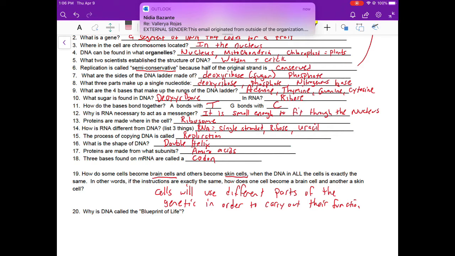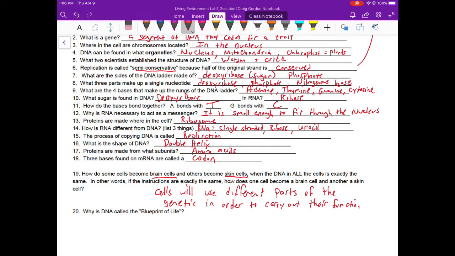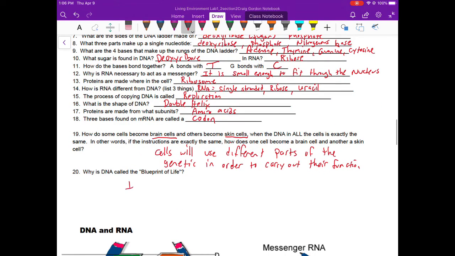All right, and why is DNA called the blueprint of life? Because it contains the instructions to make an organism.